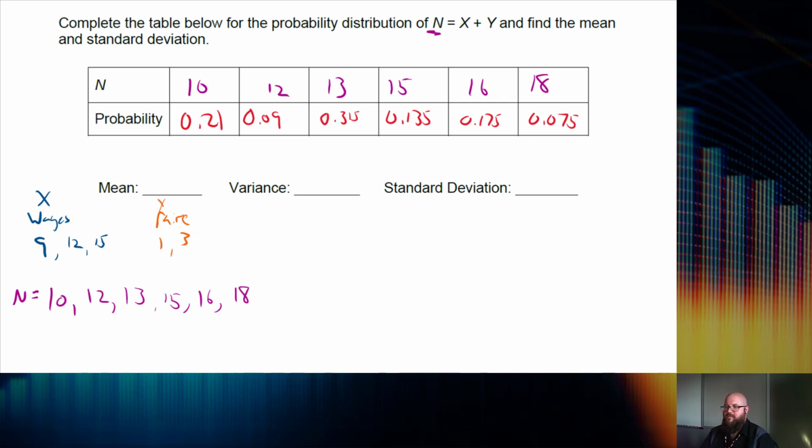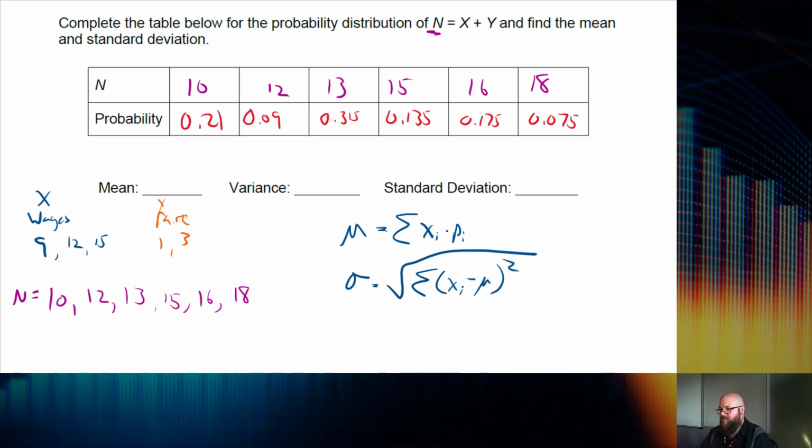Once you have those probabilities, let's see what our mean is for the n values. We go through the same calculations. For the expected mean, we simply take sigma, the sum of our x values times their probabilities. Then for the standard deviation, we take the square root of the sigma of our x values minus the mean, squared, times the probability for each of those x values.